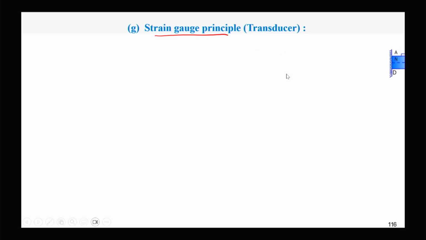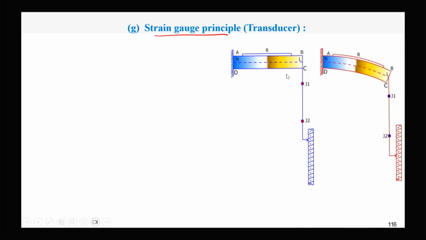Here the process is that there will be a beam, and due to the load applied, the beam will bend a little bit. This bending is negligible as compared to the extension of the material.